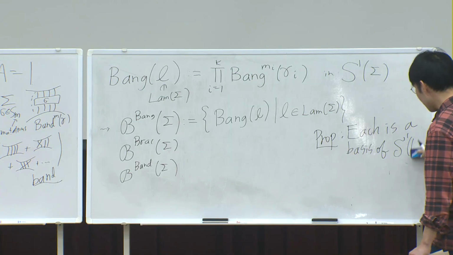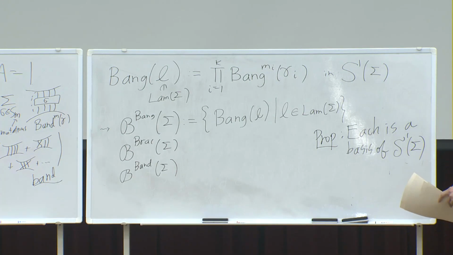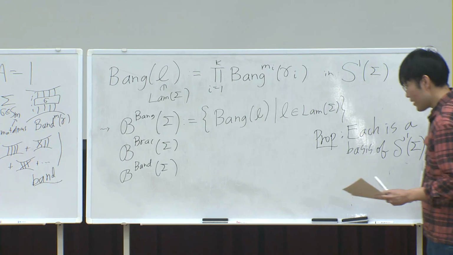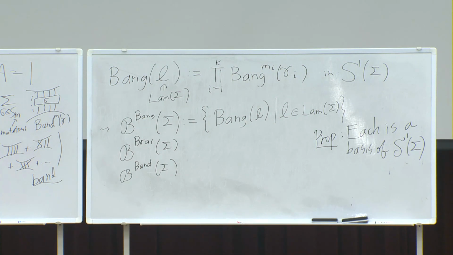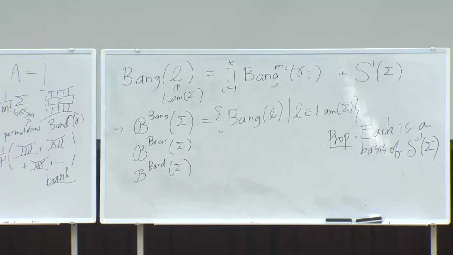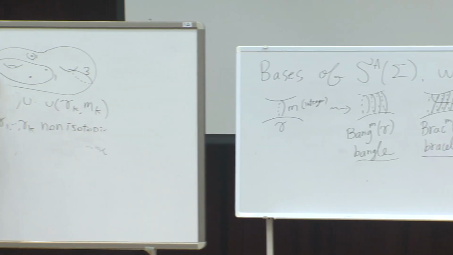So I already told you that the first one does form a basis. But how do you prove that the second one and third one also form a basis? You can try to prove it yourself, but let me tell you how to do it. Once you know that the bangle space is a basis, how do you prove that the other 2 are also a basis?